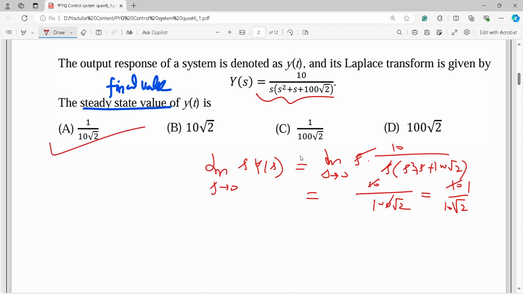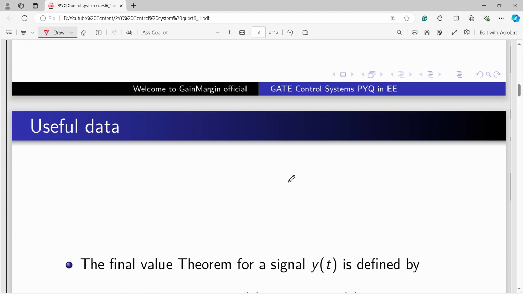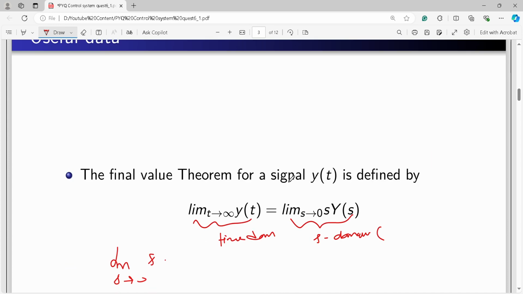But before applying the final value theorem, we should know the final value theorem is not applicable for every transfer function. Let me explain more about the final value theorem.